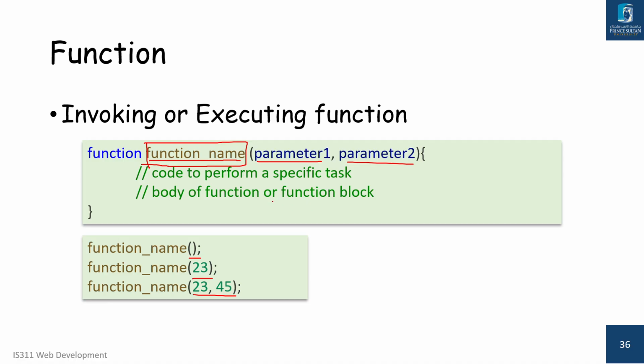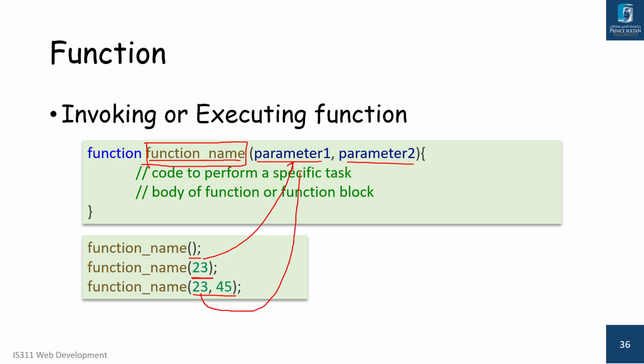Here, it will execute this same function, function_name. If I say function_name(23), I'm giving the value of the first parameter, but I'm not giving the value of the second parameter. Still, it will execute this function. Of course, right now we are not doing anything in the function. We will see an example, then it will be clear. And then in this third one, I am giving two values.